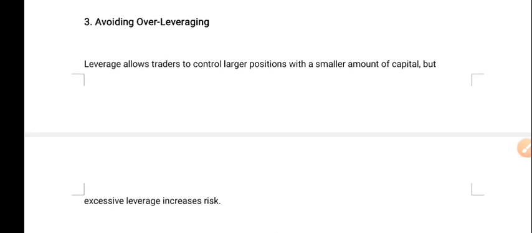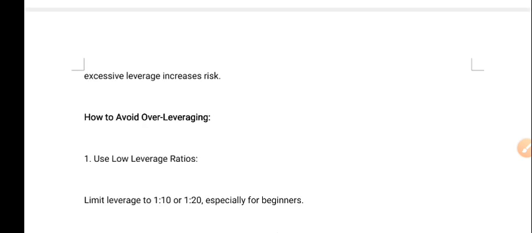Avoid over leveraging. Leverage allows traders to control large positions with smaller amounts of capital, but excessive leverage increases risk. It helps us to enter trades, but too much of it increases our risk.